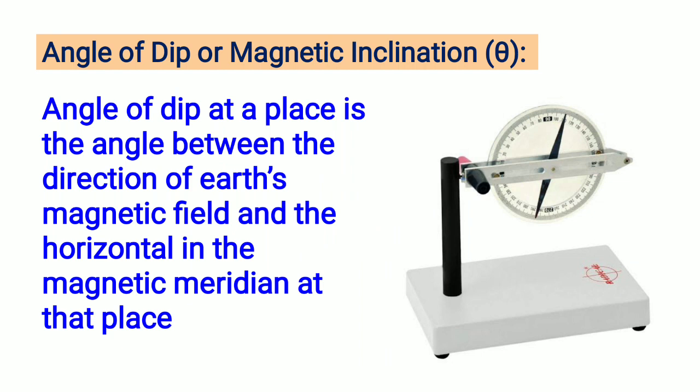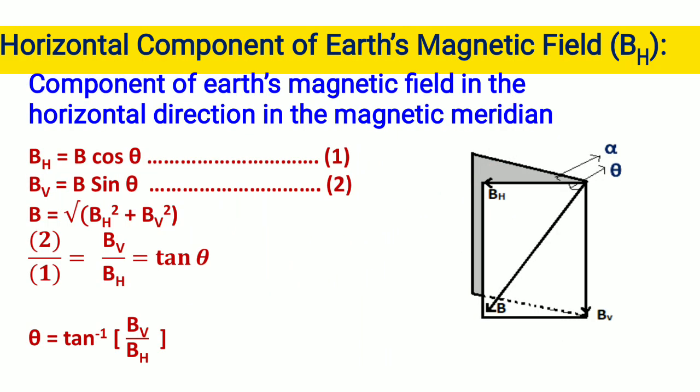Then the third one is the horizontal component of the earth's magnetic field, that is BH. In the picture, both the angle of declination and the angle of dip are mentioned. You can see a letter B, that is the resultant direction of the magnetic field of the earth.